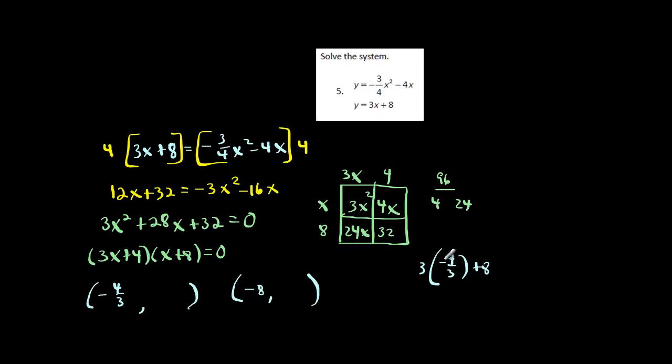The 3's cancel, so negative 4 plus 8 is 4. And when I plug in negative 8, I'm going to have 3 times negative 8, which is negative 24. Negative 24 plus 8 is negative 16. So these are my 2 points of intersection.